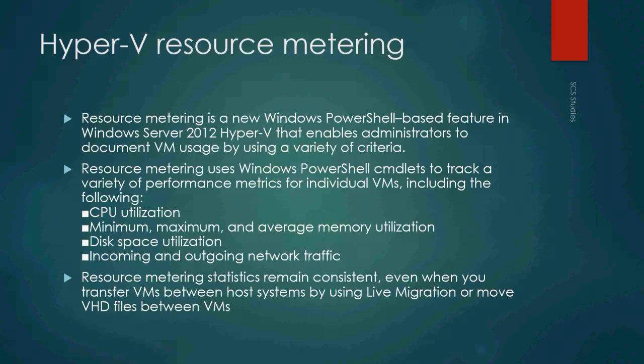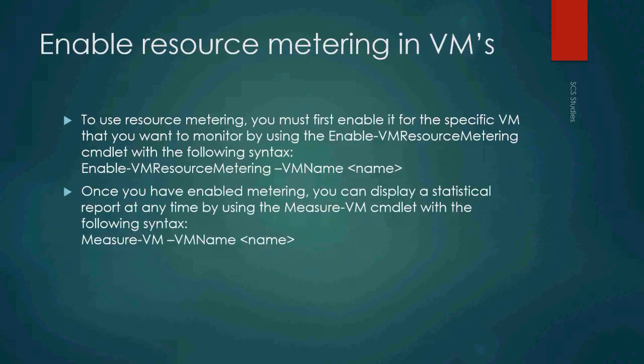And with this cmdlet, you can track the performance of each and every virtual machine, like CPU, memory, disk, network, everything can be monitored. Now we need to know how to enable resource metering on a VM, that means the guest operating system.